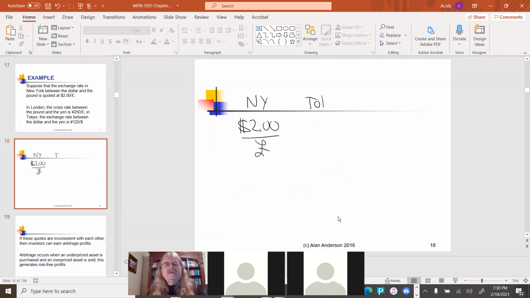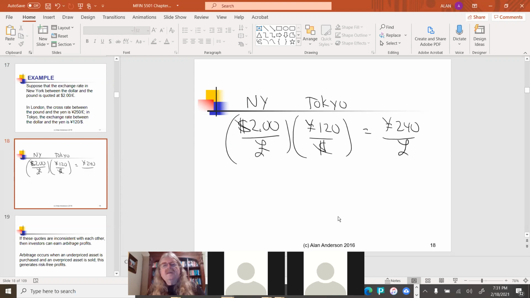In Tokyo, the quote we were offered is 120 yen per dollar. If I multiply those together, and these dollars cancel out, I should come up with 240 yen per pound. And yet the cross exchange rate in London is actually 250 yen per pound. So we do have an inconsistency.